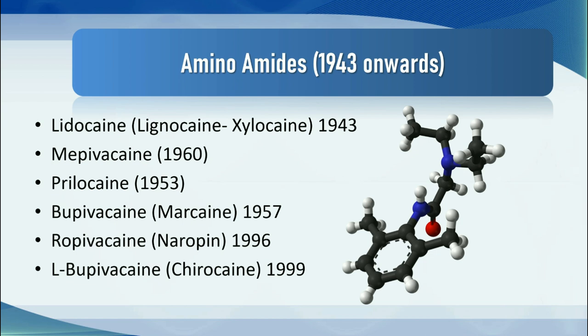Later, because of problems with bupivacaine and toxicity, ropivacaine and L-bupivacaine were developed. Today, the drugs you're likely to use are lidocaine, bupivacaine, ropivacaine, L-bupivacaine, otherwise known as thyrocaine, and occasionally prilocaine.